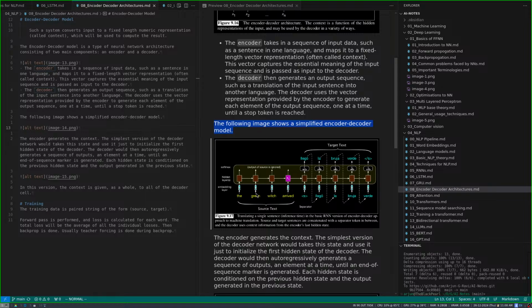The problem with this is that it is a bottleneck, because however large the input, all of the information from the whole input has to be compressed into this one hidden layer. It's not good. It will act as a bottleneck. That is why in the future we do attention. We'll come to that later.